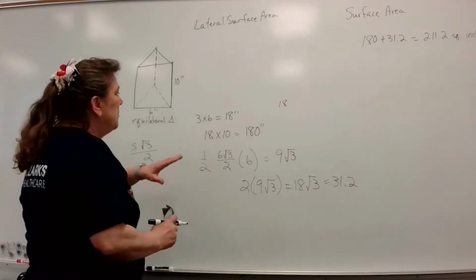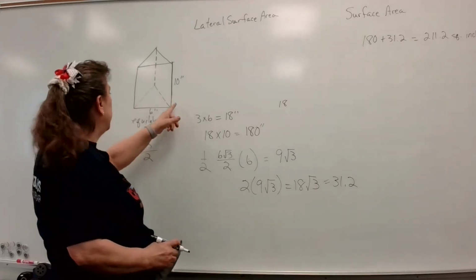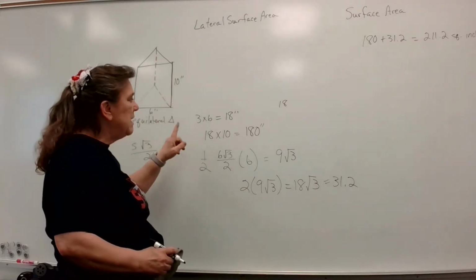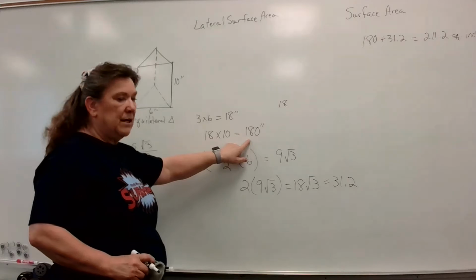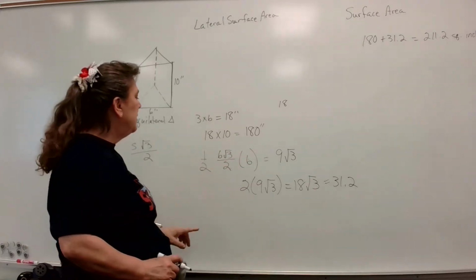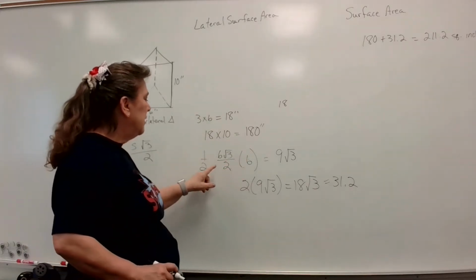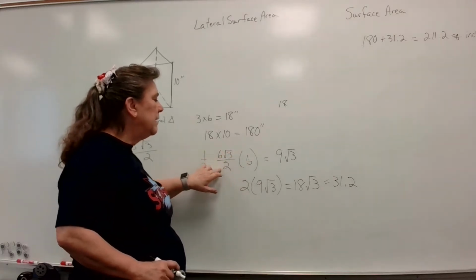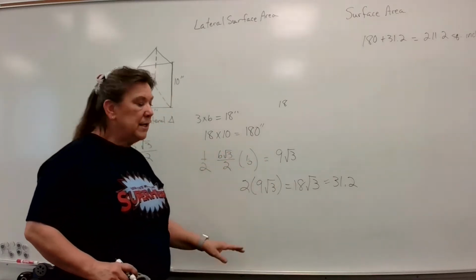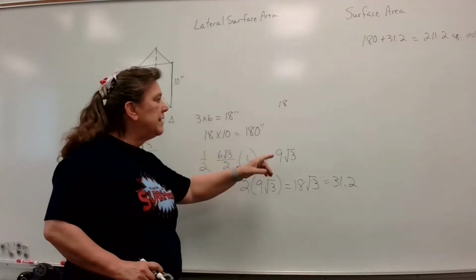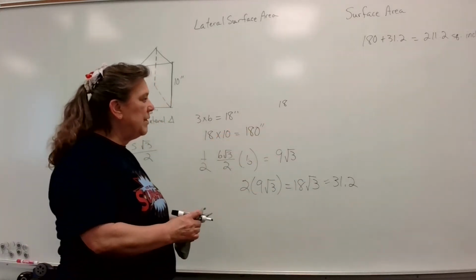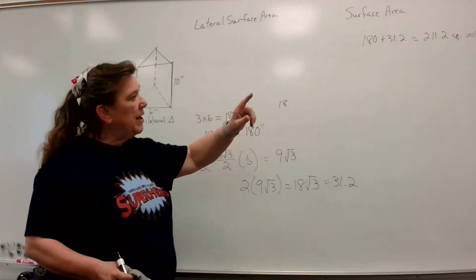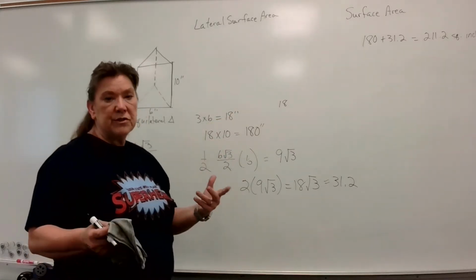So you start with your lateral, where you take the perimeter times the height, which gives us 180, and then you take your triangle, 1/2 base times height, and that gave me that, and from there we went on and calculated it until we found out what it was, and we went from there to get to our full surface area.